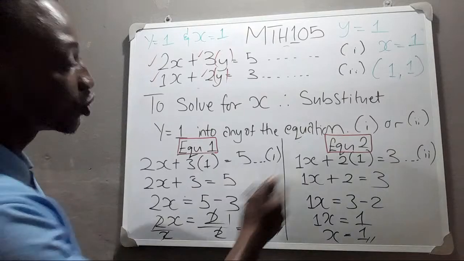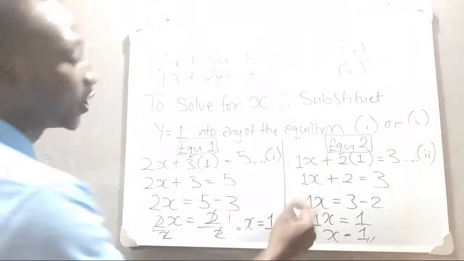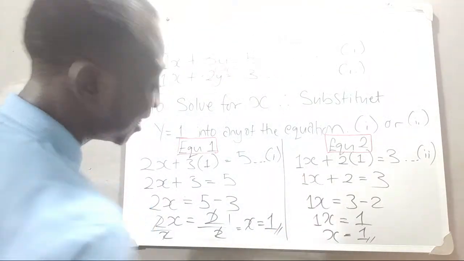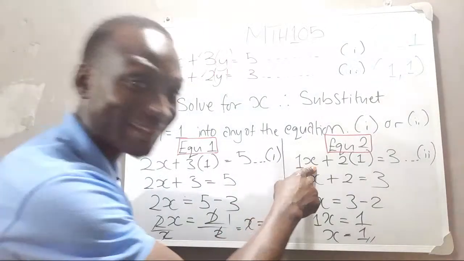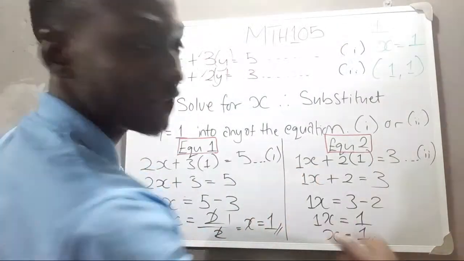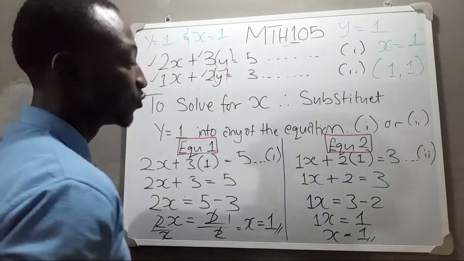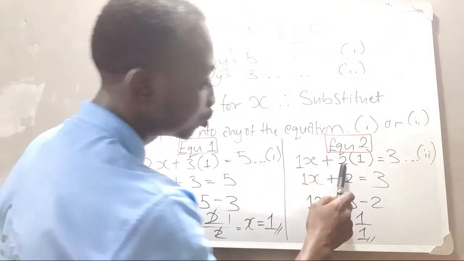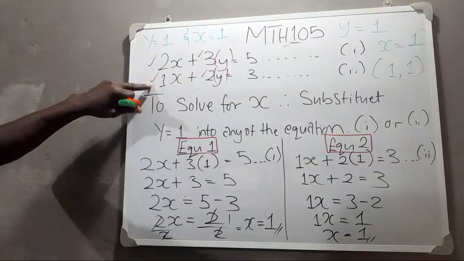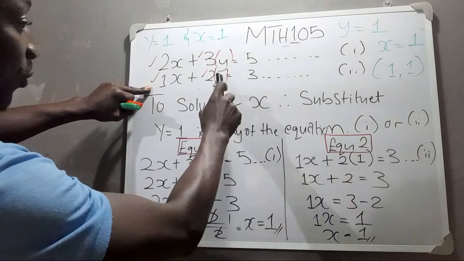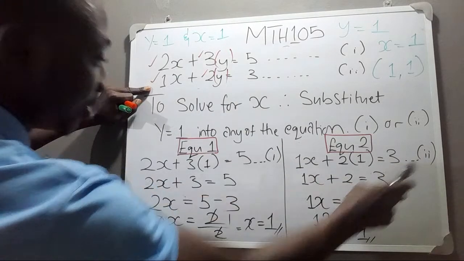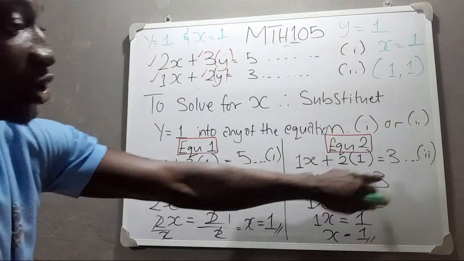In equation 2, substituting y equals 1, we have 1x, which is the same thing as x. Whether you write x or 1x, you are correct. So 1x plus 2, with y substituted by 1, equals 3.